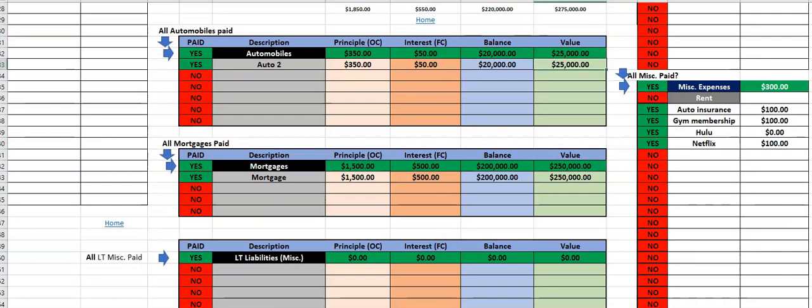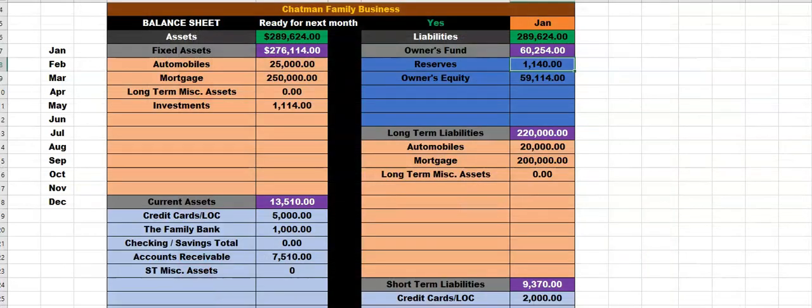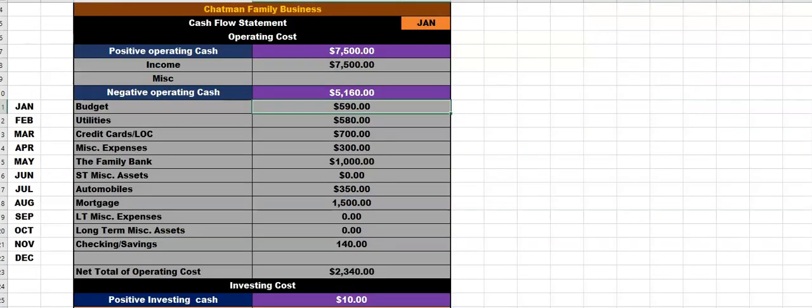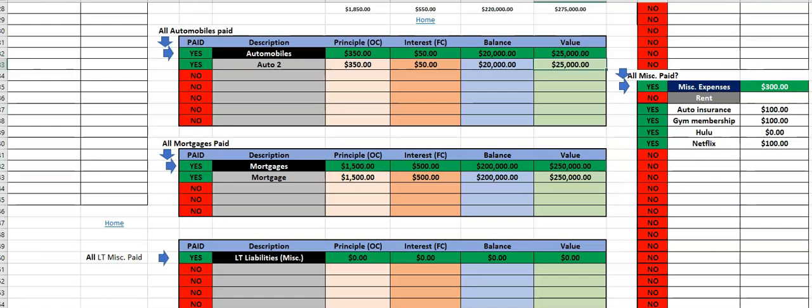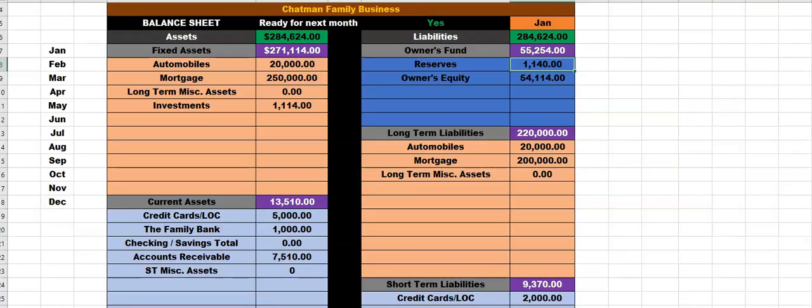You'll change the value of the automobile to whatever it depreciated. So if you look at the balance sheet, your total is 289,624. And if this depreciated, and say this is only worth 20,000 now in February or March, then it's going to lower your assets.